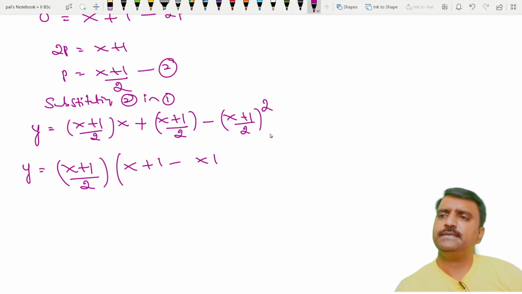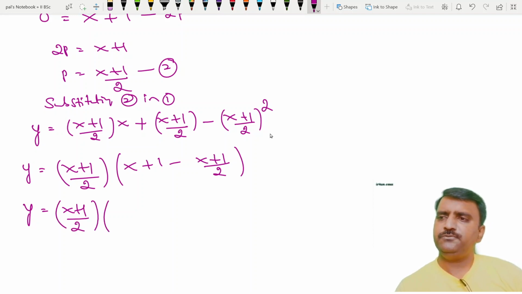So remaining here is x plus 1 divided by 2. Simplifying this again, y is equal to x plus 1 by 2 into, taking 2 as the LCM, 2x plus 2 minus x minus 1 whole divided by 2.